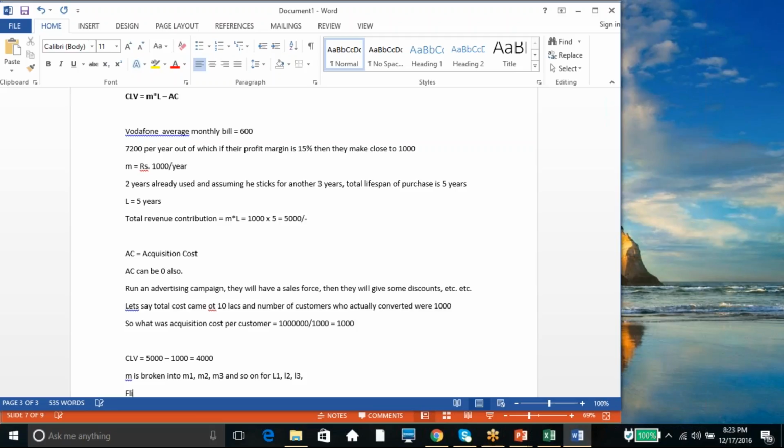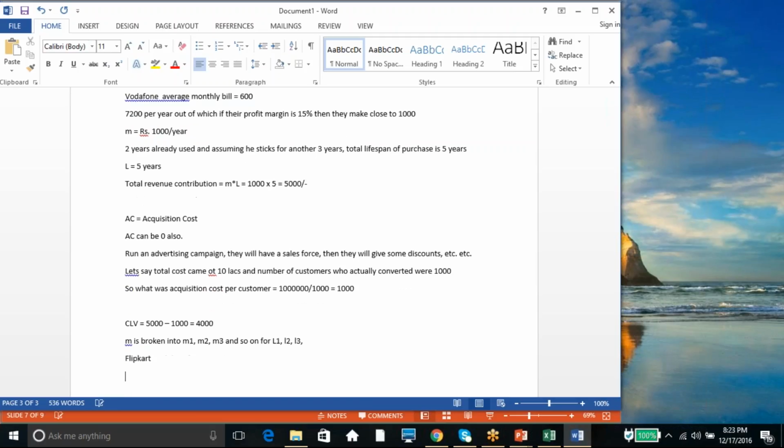So suppose we take Flipkart, and we say first year M is equal to minus 10%.